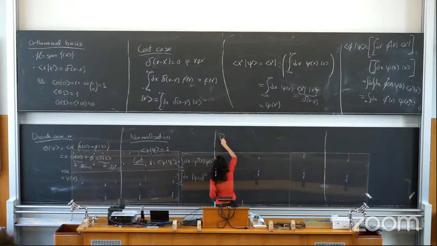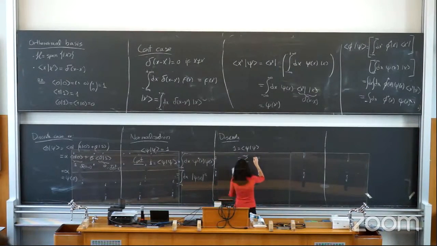In the discrete case, well, we have again that what is the inner product in the discrete case we saw for qubits, but in general it's always the same. X is now the basis element, and it's, right.